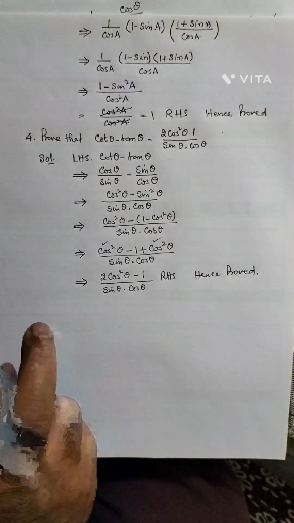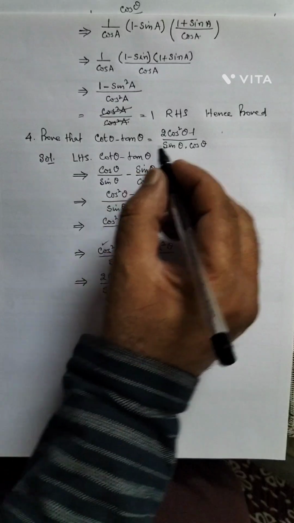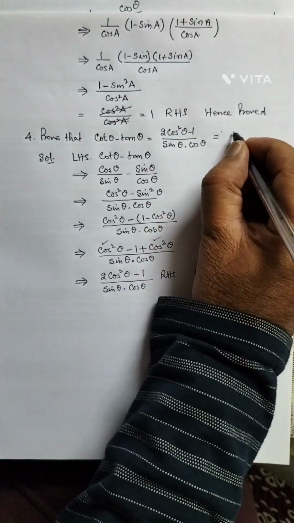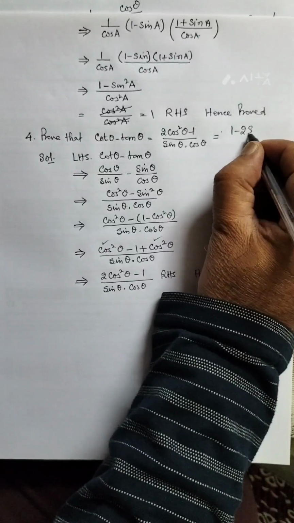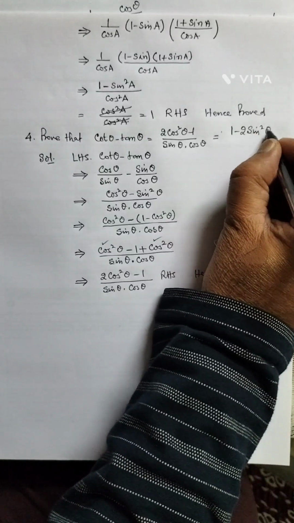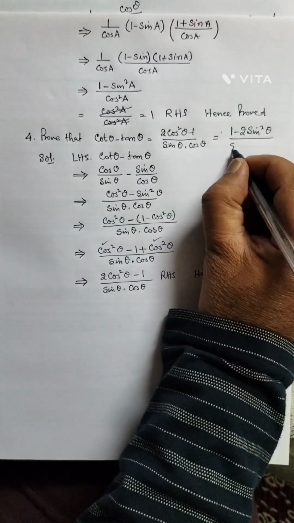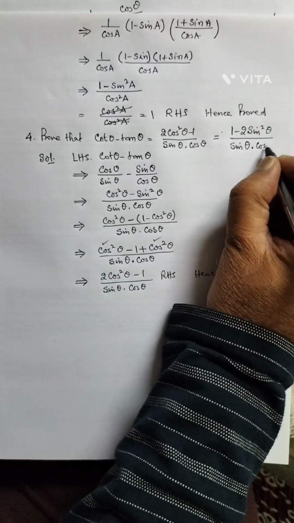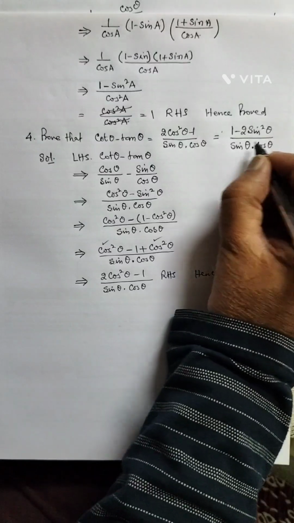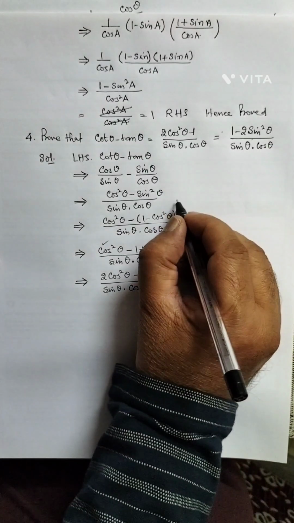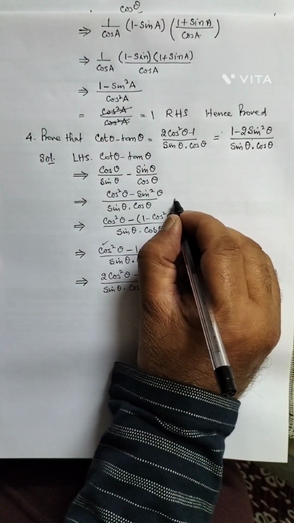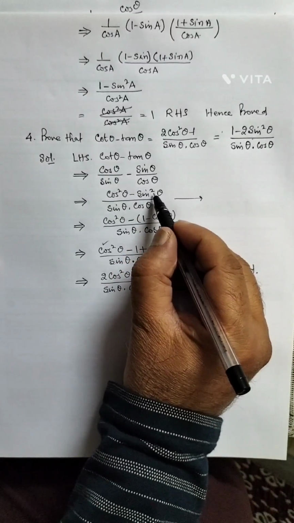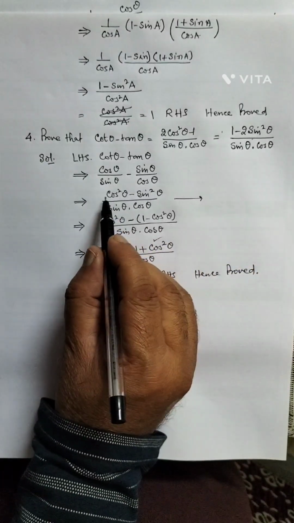Now note, in this very question, instead of this right hand side, it could have been 1 minus 2 sin square theta upon sin theta times cos theta. Now, in order to prove this, at this step, we would have taken slight change. Instead of converting sin square theta, we will convert cos square theta.